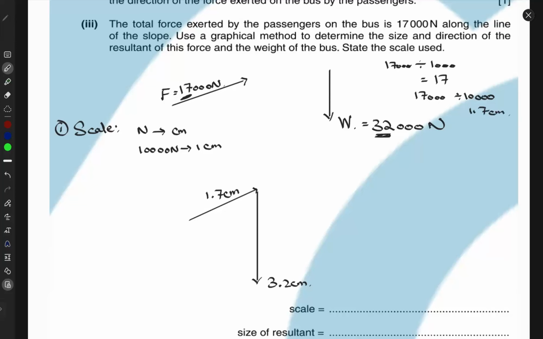So I just converted these newtons into centimeters by dividing by 10,000. Was that the question? Yes. Okay, so it's clear? Yeah. Right, good. So that's how you got 1.7, and in the same exact fashion, you can write 3.2 centimeters for 32,000 newtons. So is that clear?